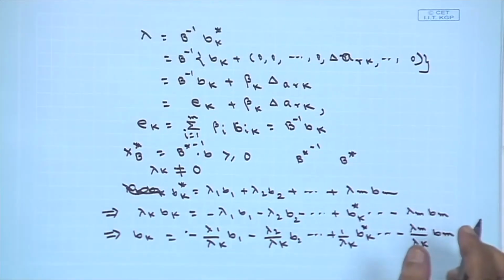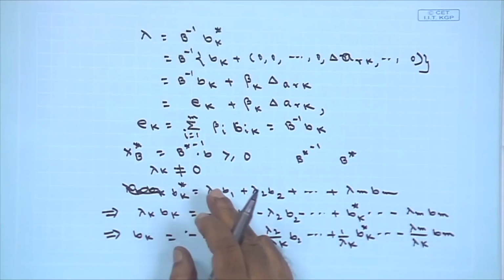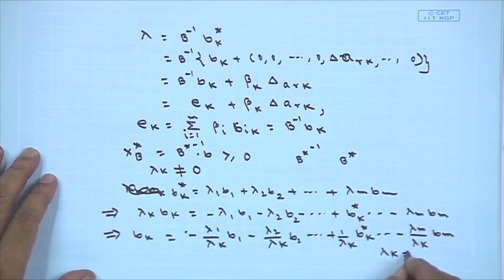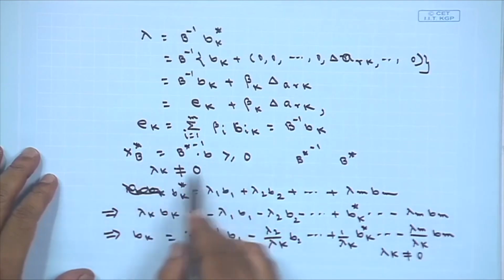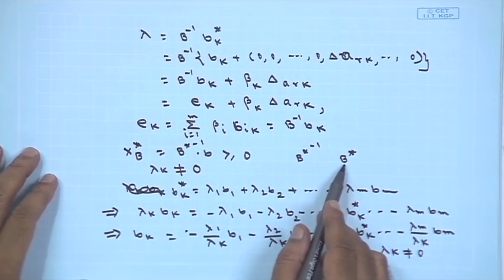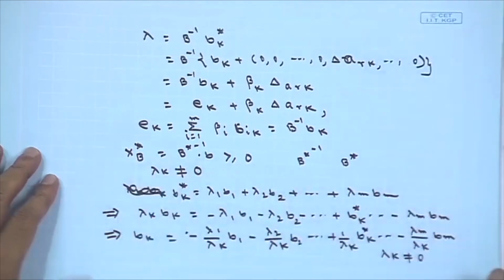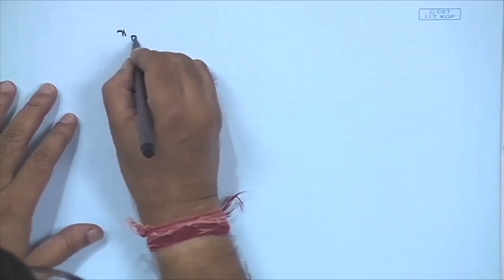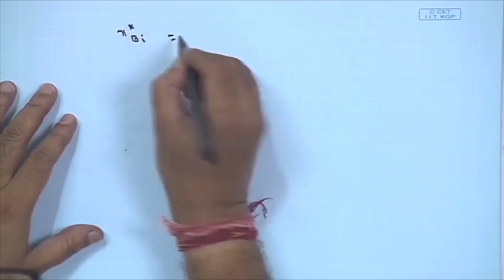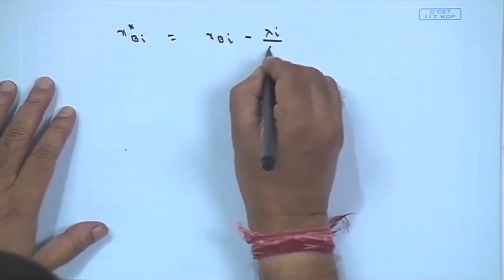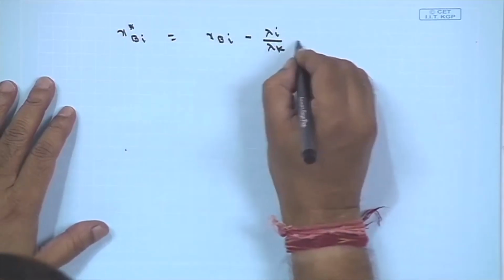And please note that here your lambda_k is not equal to 0. From this we have told, since B star is non-singular, so we can write down this. Therefore, once I obtain this b_k, x_B star I can rewrite this way: x_B_i star equals x_B_i minus lambda_i by lambda_k into x_B_k.